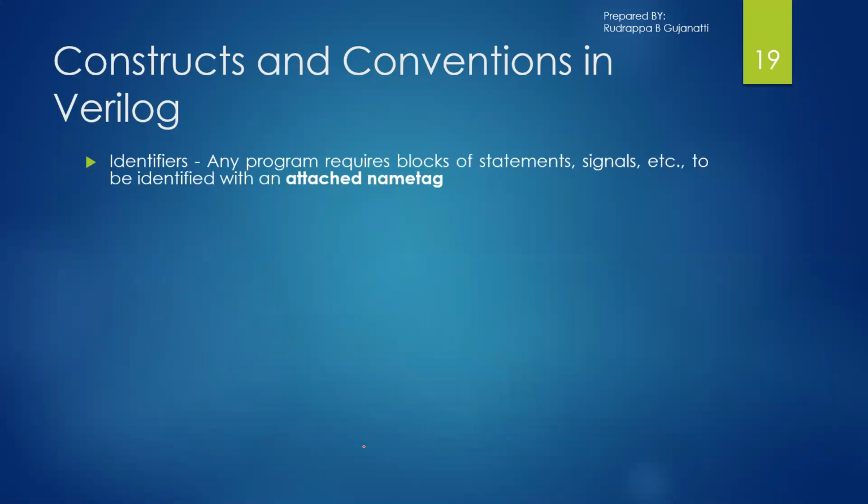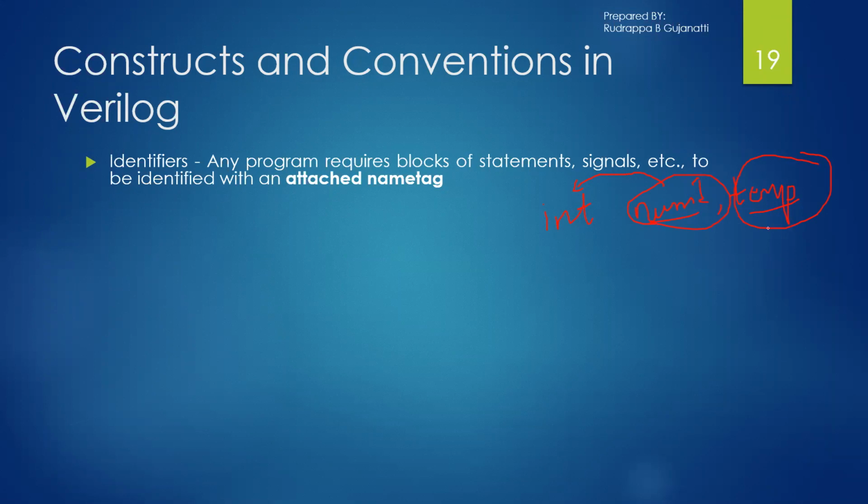Next, what is meant by an identifier? An identifier is nothing but a name tag which is used to identify a parameter. Again, I'll compare it with a C program. We write int num1, temp; here num1 and temp are variables of type integer, so num1 and temp are the identifiers.